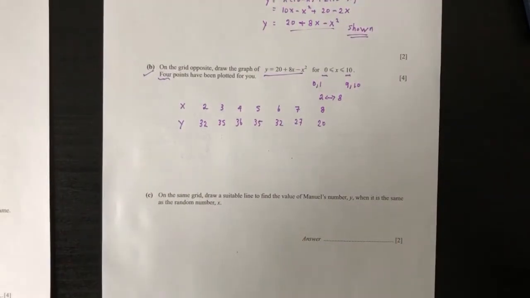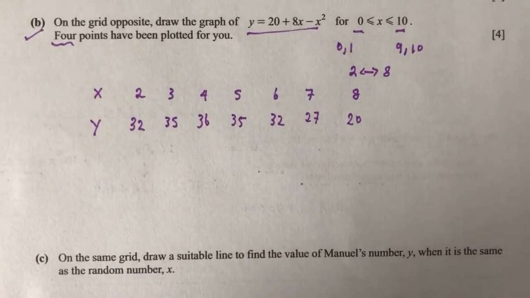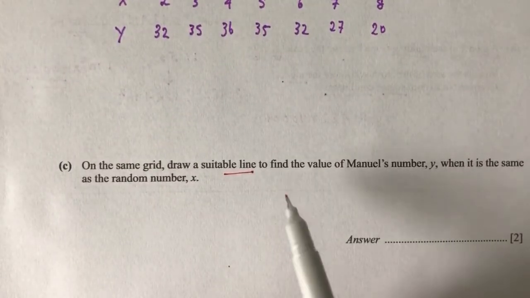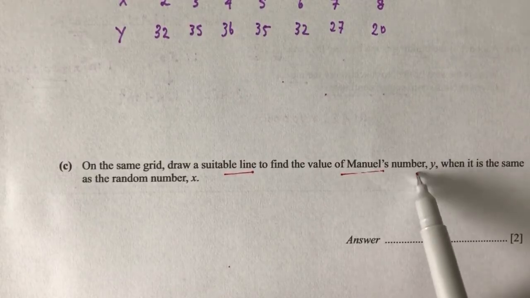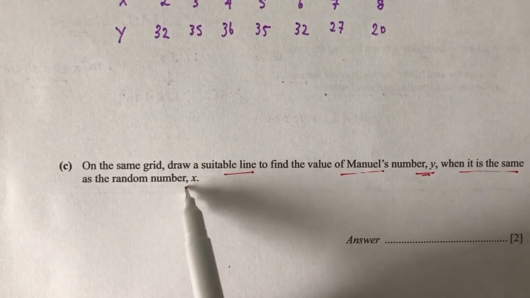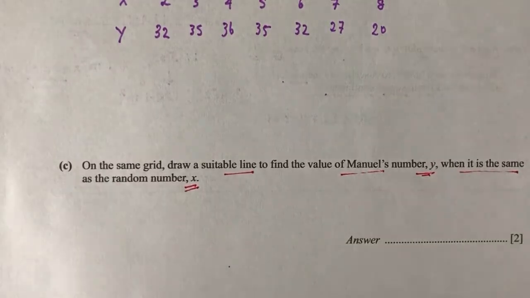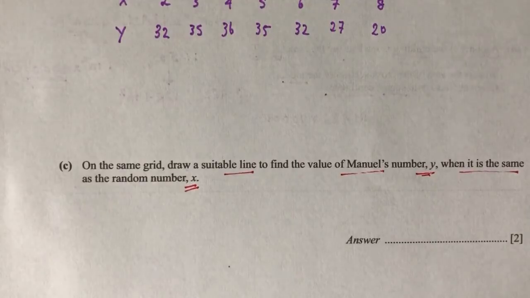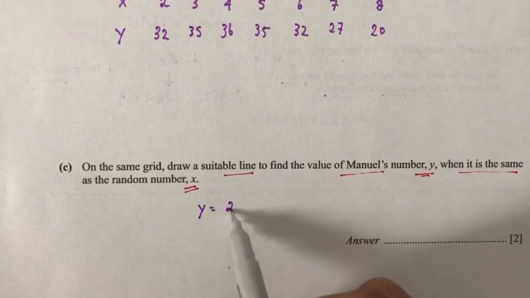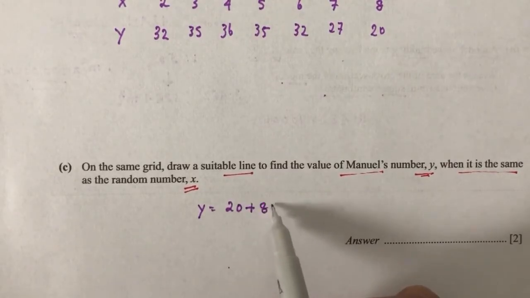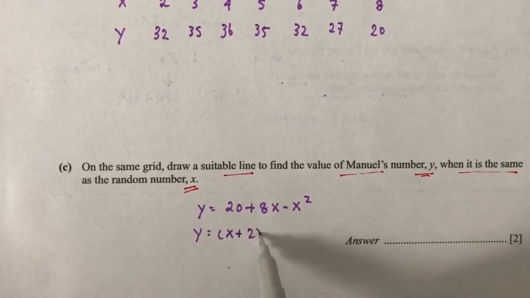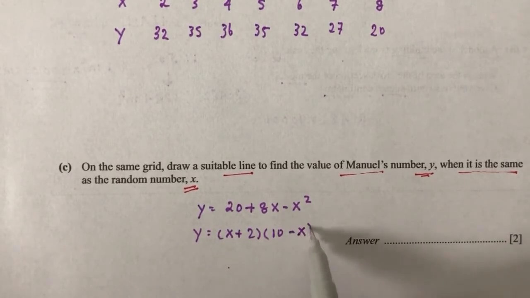Now question part C, let's go back down. What does it say? It says that on the same grid, draw a suitable line to find the values of Manuel's number y when it is the same as the random x. So we have the equation y equal to 20 plus 8x minus x squared, right?